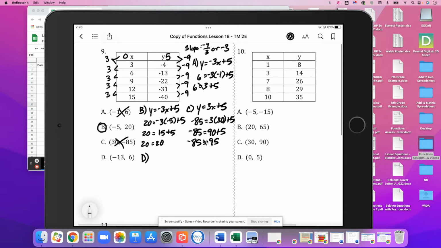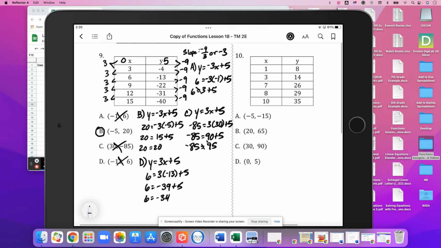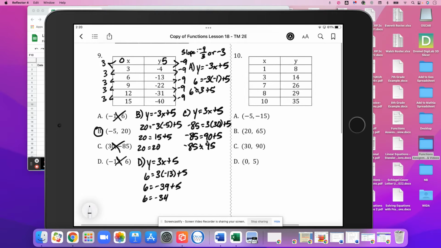Lastly, D, we've got y equals 3x plus 5. 6 is equal to 3 times negative 13 plus 5. This one's not going to work either. So 6 is equal to negative 39 plus 5. 6 is equal to negative 34. So no, D does not work either. And so with that, I'll leave this here for some notes and move on to number 10.